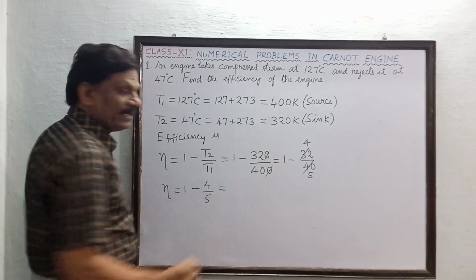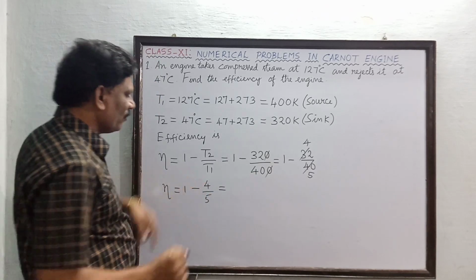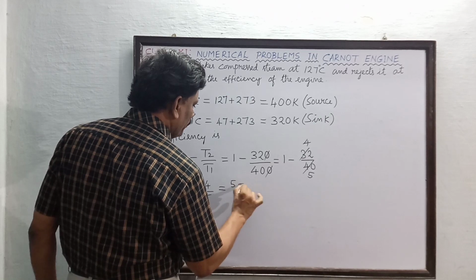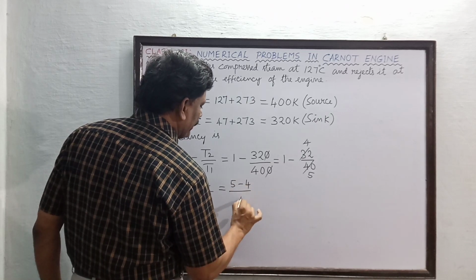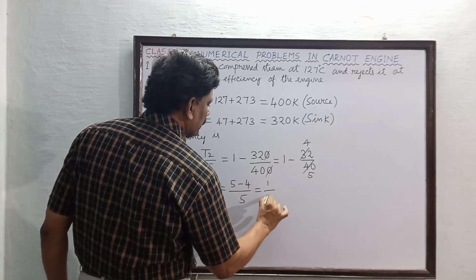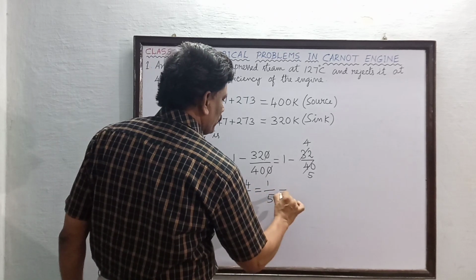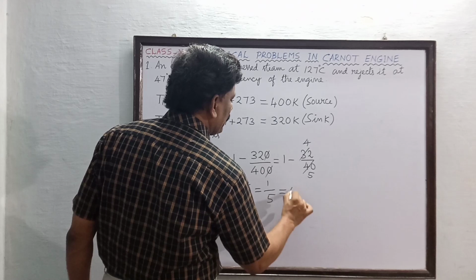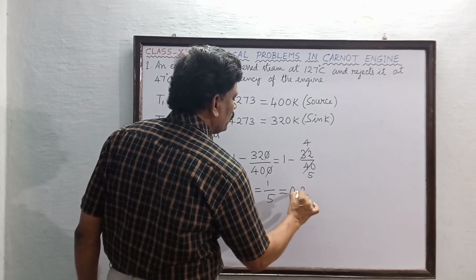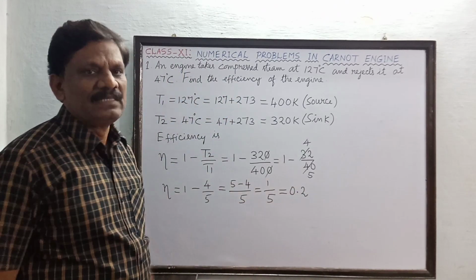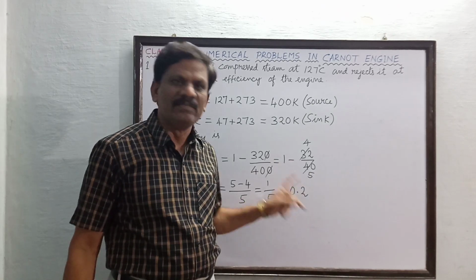Taking LCM now, this is 5 minus 4 divided by 5. So this is equal to 1 by 5 in fraction. In decimals, 1 by 5 is 0.2.